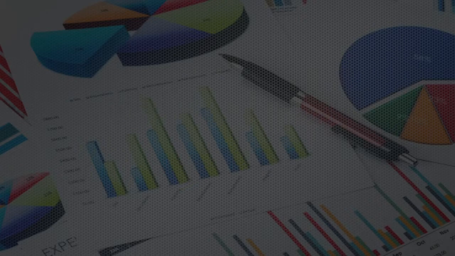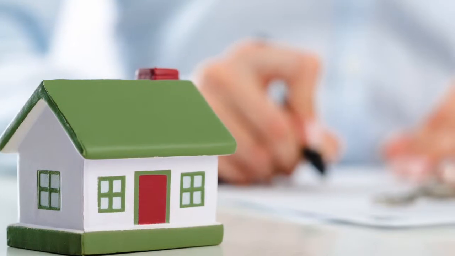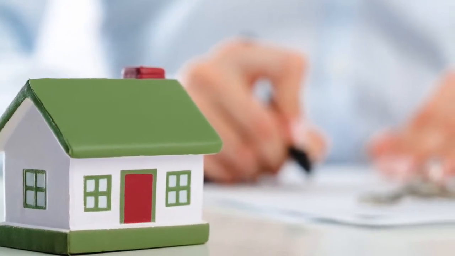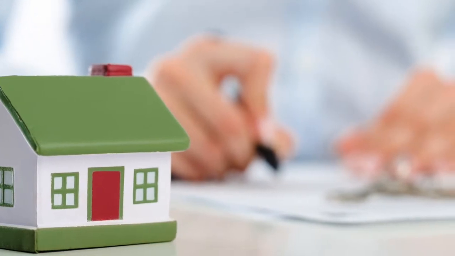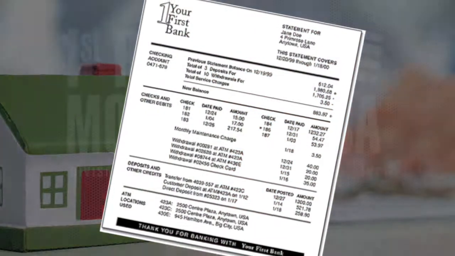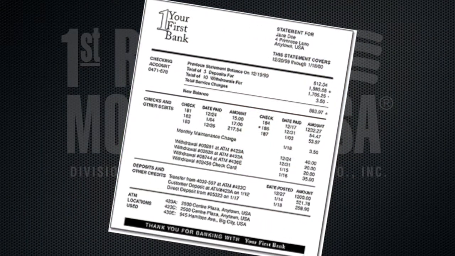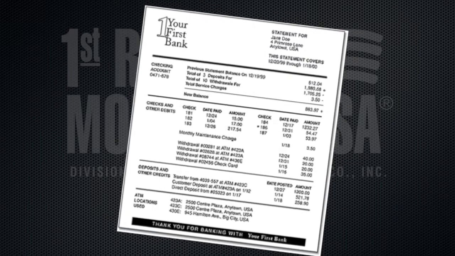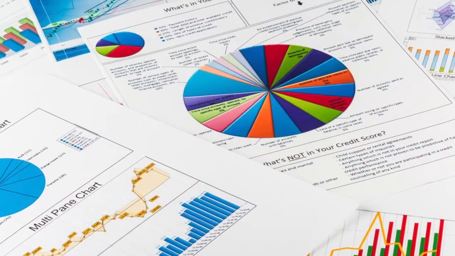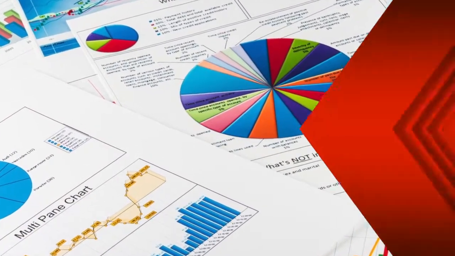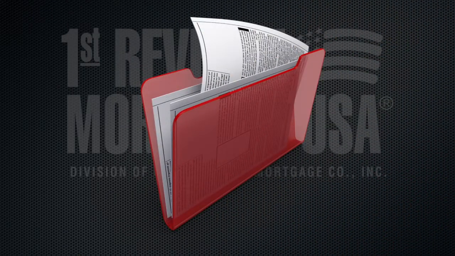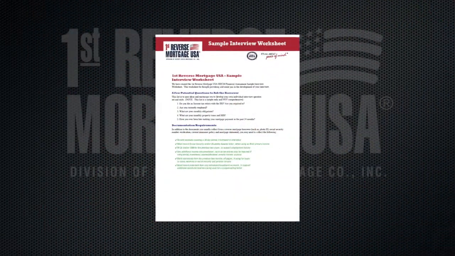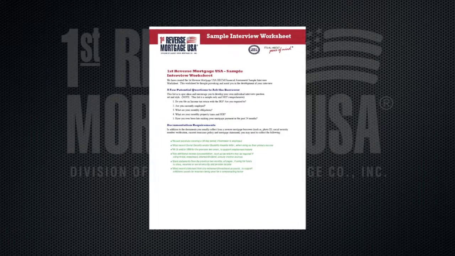Any additional income documentation, such as tax returns, may be required if using rental investment, interest, dividend, or annuity income sources. Bank statements from the previous 2 months, all pages, if using for funds to close, reserves, or Social Security and pension income. Most recent statement from any retirement investment accounts to support additional assets for reserves being used for a compensating factor. Refer to the First Reverse Mortgage USA HECM Financial Assessment Interview Worksheet.